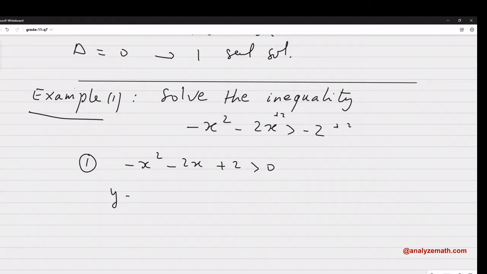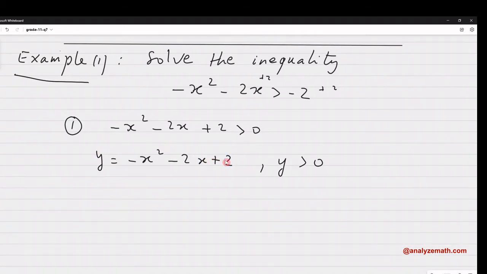So let's define y as -x² - 2x + 2. And we are looking for the sign of y. We are looking for the values of x when y is positive. This y is a function. I can go and graph it. Before we graph it, let's find the solution of the quadratic equation.